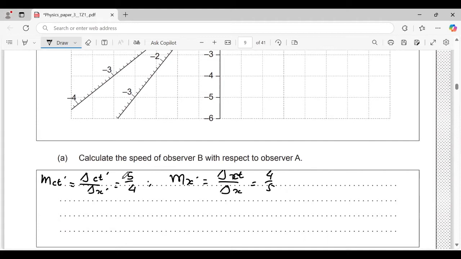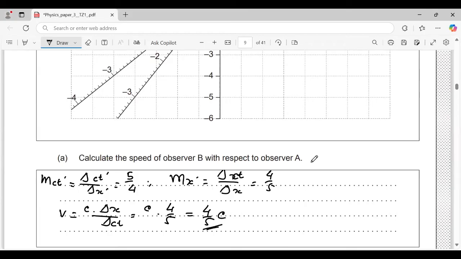Right. The velocity of observer B with respect to observer A, we can find using the inverse of this gradient, and then it becomes velocity. Inverse means c times delta x over delta ct, and that is c times 4 over 5, or 4/5 c.